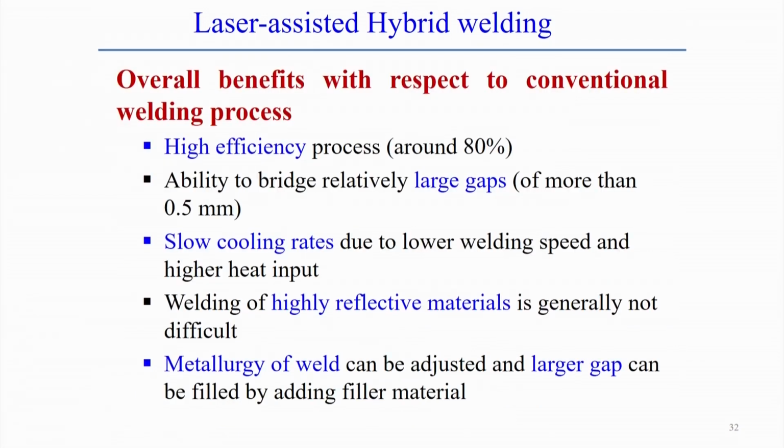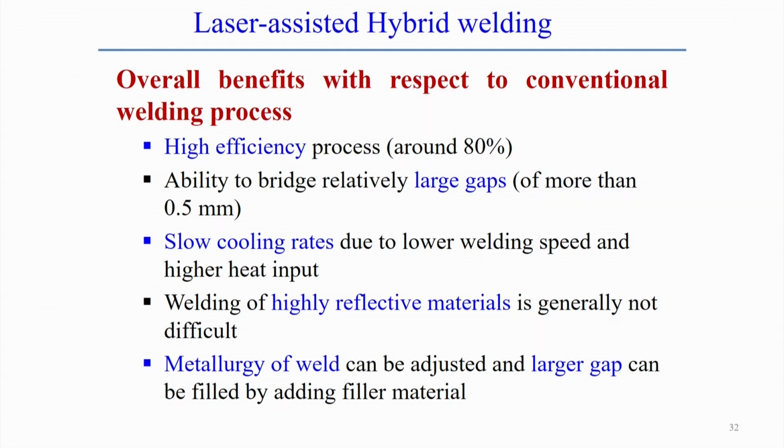Now, if we look at the overall benefits of hybrid laser welding processes with respect to conventional welding processes, we can define a few points. The first point is that it is a very high efficiency process, around 80% efficiency as compared to the individual processes. That is the main advantage.